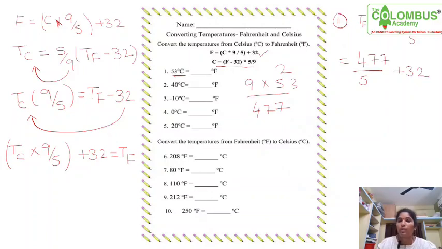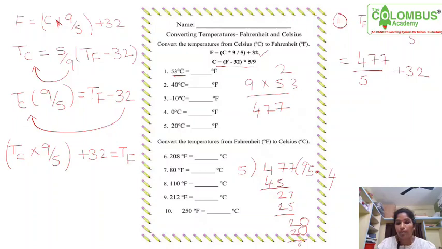Divide 477 by 5. 5 9s are 45, 27, 5 5s are 25, 2 point, 0, 5 4s are 20.